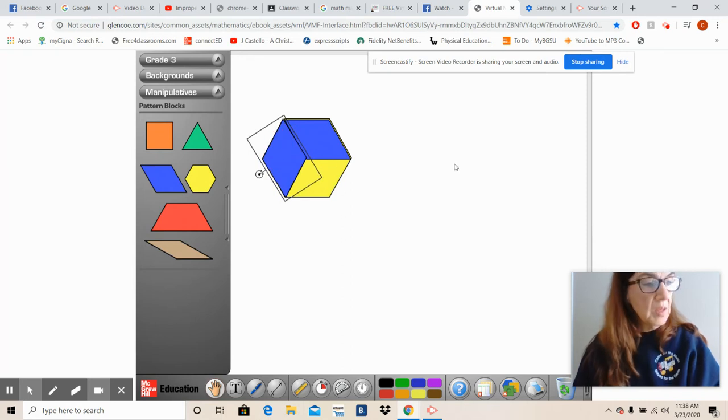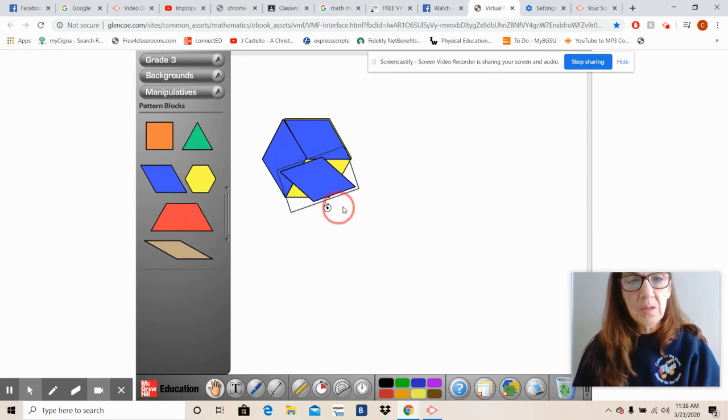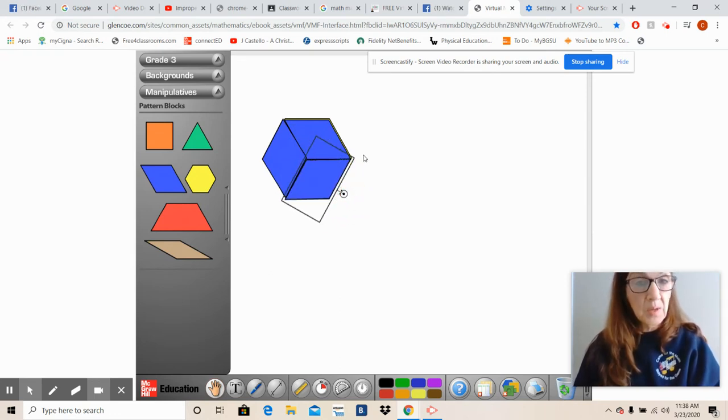There we go. Yes, we have 2 out of 3, 2/3 of the cake. Okay, how much of the cake will we have if I add another parallelogram? Turn this one around. Right, we would have 1 whole cake again.